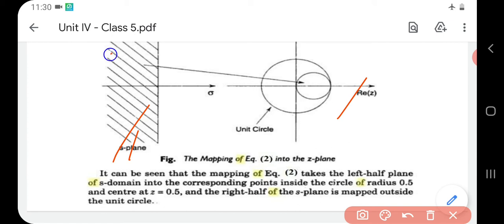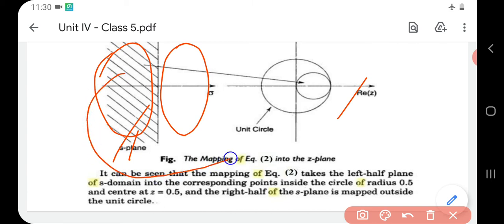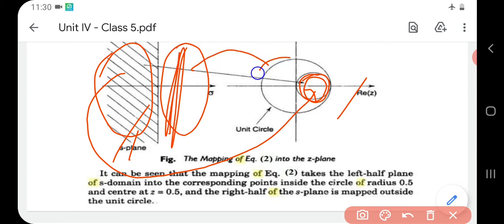See, this is the left side of S plane, this is the right side of S plane. Now the left half of the S plane is actually mapped inside the unit circle. See, it is a circle of radius half and center half, whereas the right half of the S plane is mapped outside the unit circle, that is the outer circle.